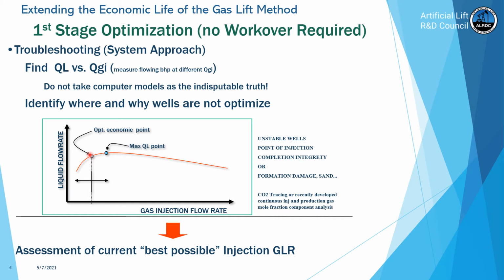And at that point, you should be able to realize if the current injection gas liquid ratio is really efficient, or there is room for further improvement of the gas lift method.